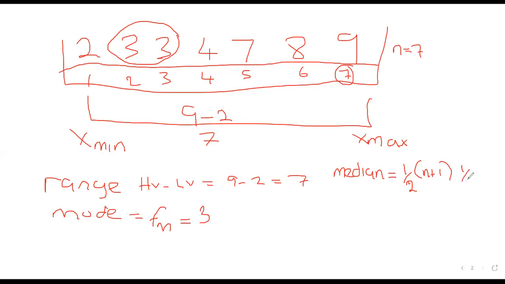Half of 8 is 4. So the fourth position is your median. So 1, 2, 3, 4. Our fourth position coincidentally is 4. Our median is the second quartile, which is the fourth position, which is equal to 4.